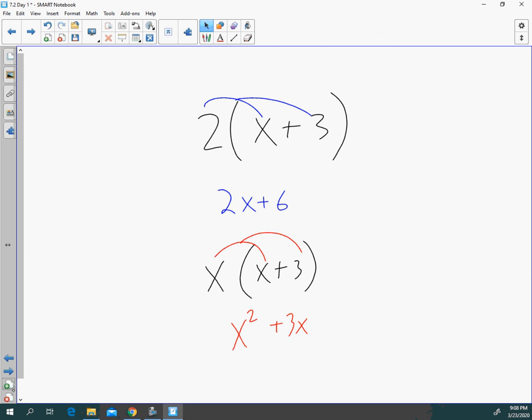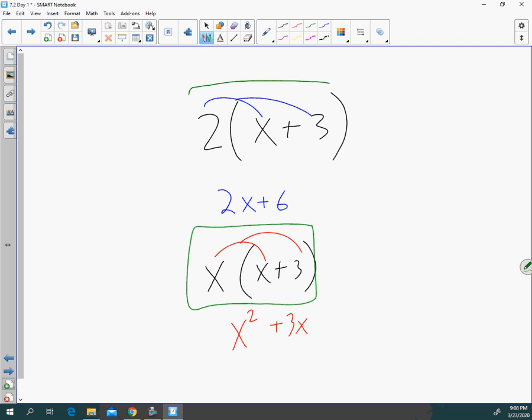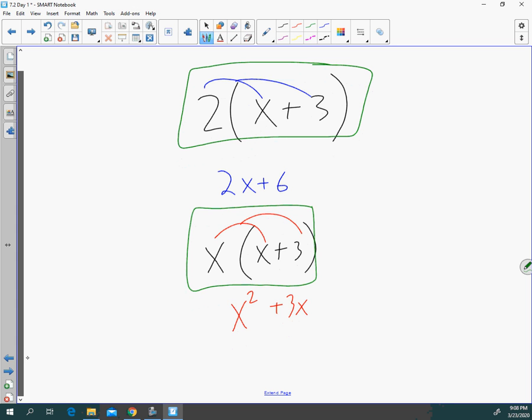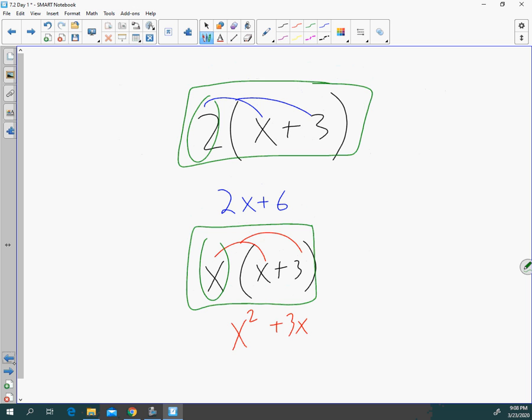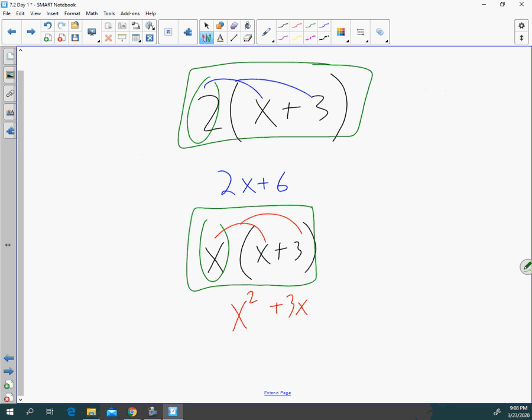What we're going to do now is combine this problem and that problem and make one slightly more difficult problem, but not really much. Okay? So here's what your problem is going to look like today. Instead of just one number that we're distributing out, they're going to throw that 2 and that x into the same thing.